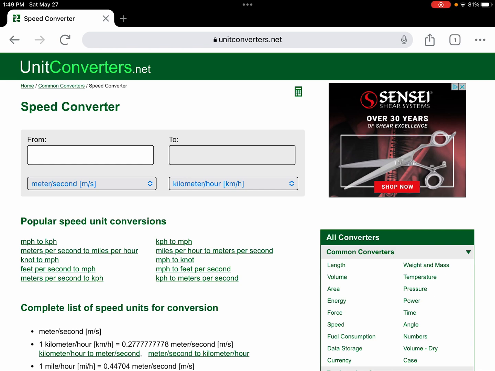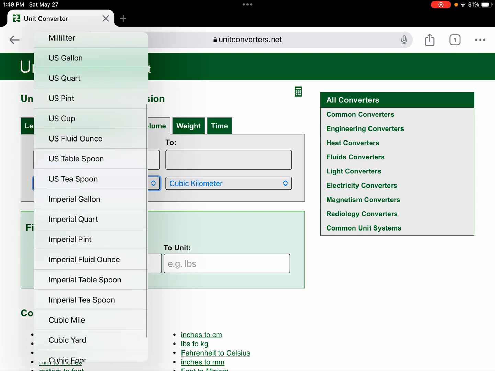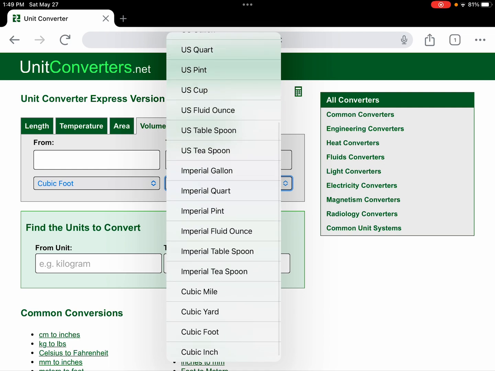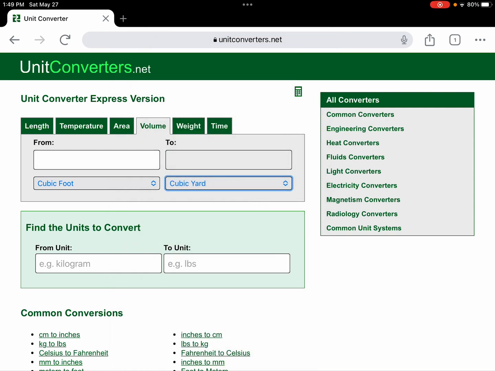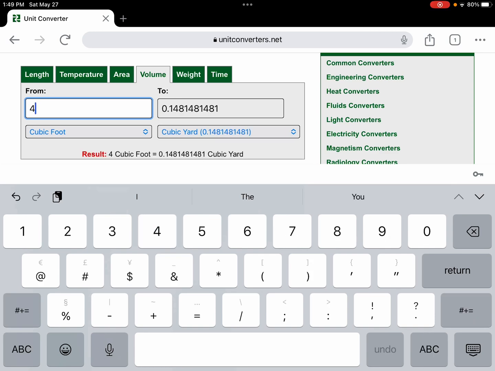And I need to go back to my home here, and I have a volume measure, and I want cubic feet into cubic yards, and what was that number? That was 430.